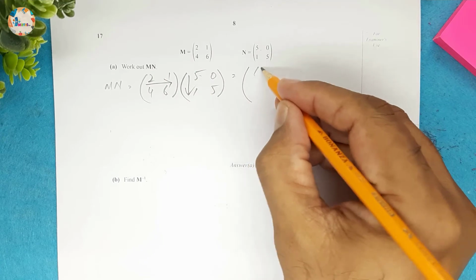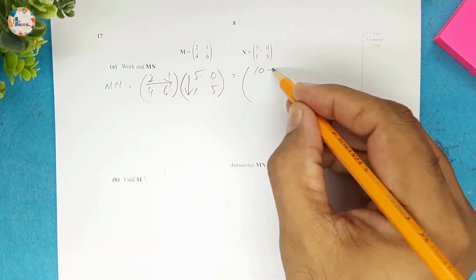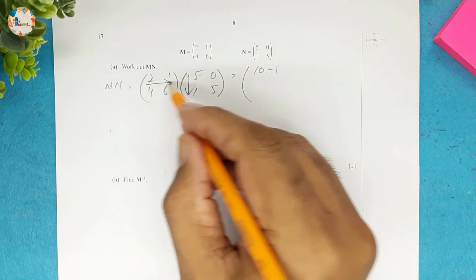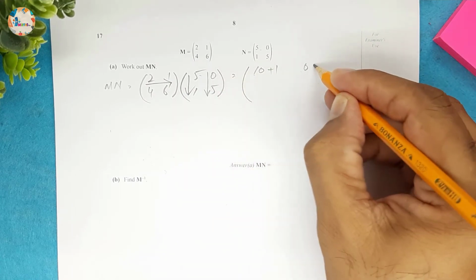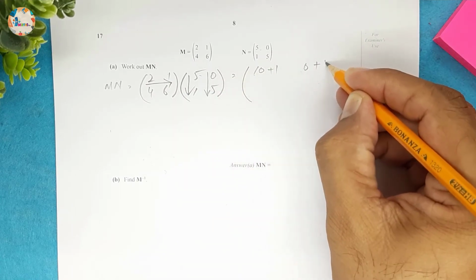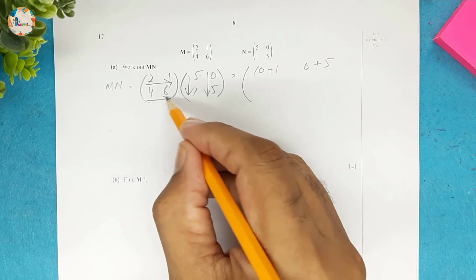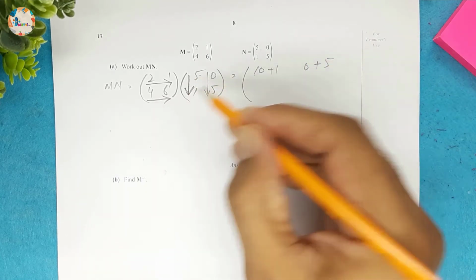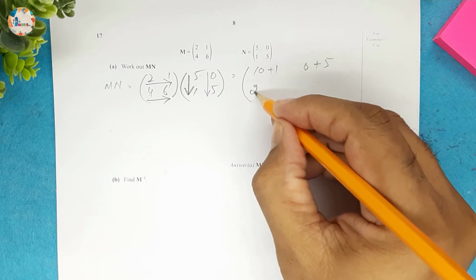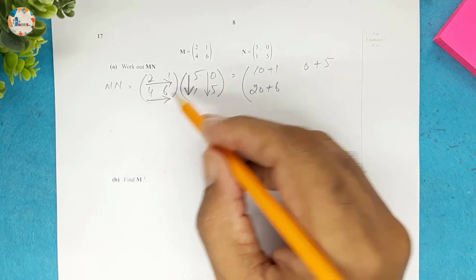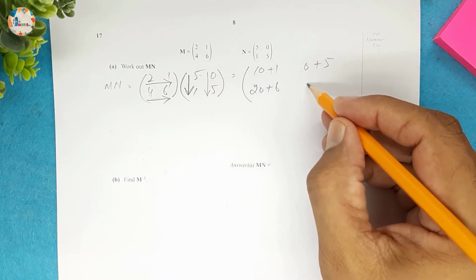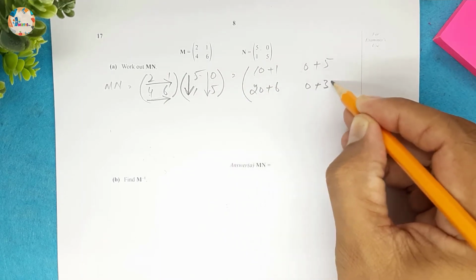2 into 5 will be 10, and plus 1 into 1 will be 1. Then first row, second column, so it will be 0 plus 5, and second row, first column will be 4 into 5 will be 20 plus 6, 26, and second row, second column will be 0 and 30.